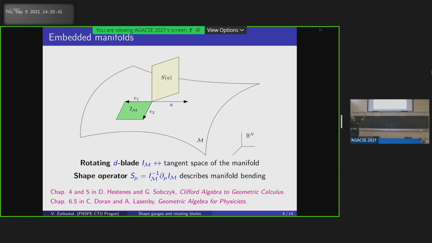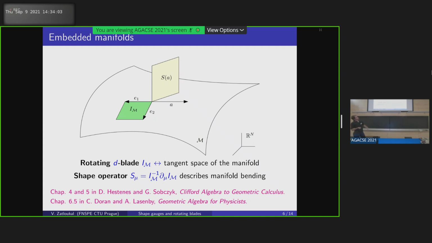If we want to see how the manifold bends, how the tangent planes rotate as we move along the manifold, we take a derivative. Here mu just enumerates the directions in the coordinate space of the usual coordinates.